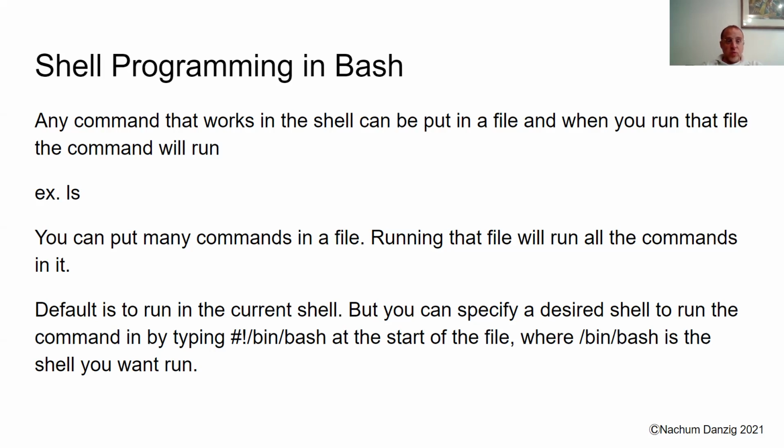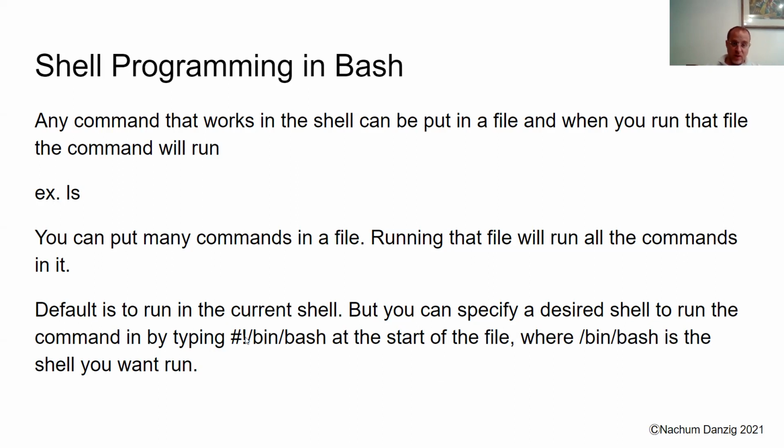Now, the default is to run the commands using the current shell, which in your case would probably be bash, but it could be anything. But you can specify the desired shell to run the command by typing this shebang line, like we saw with awk.